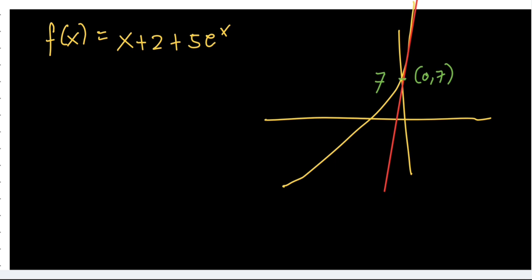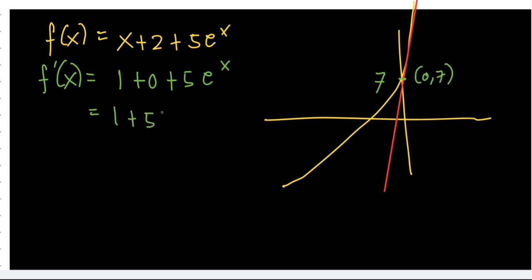So we find the derivative of this. The first derivative is 1 plus 0 plus 5 e to the x, right? So this is just 1 plus 5 e to the x. The derivative of e to the x is e to the x.